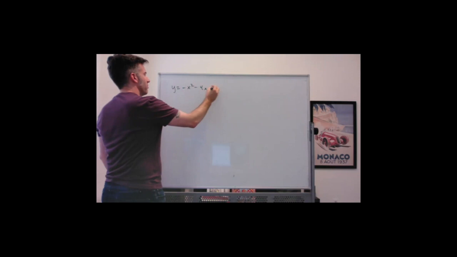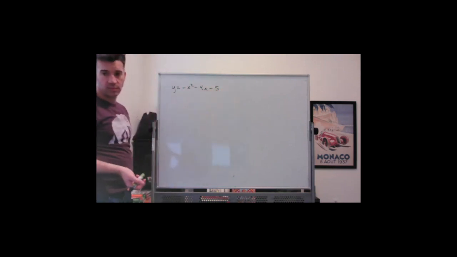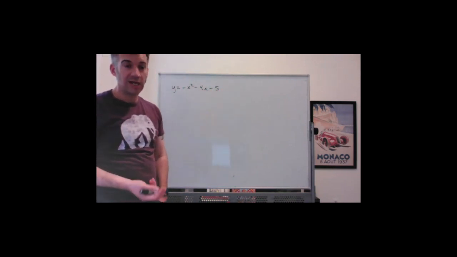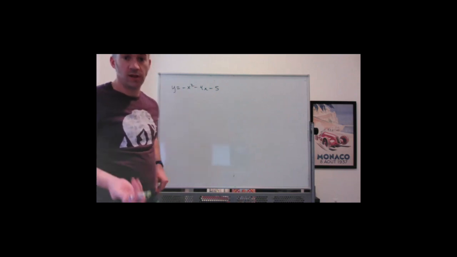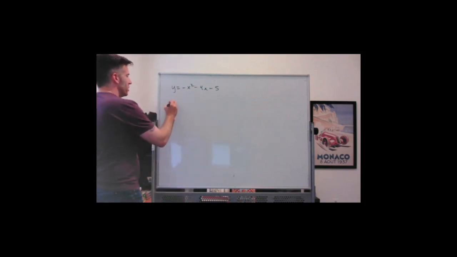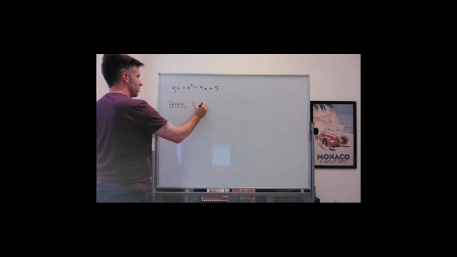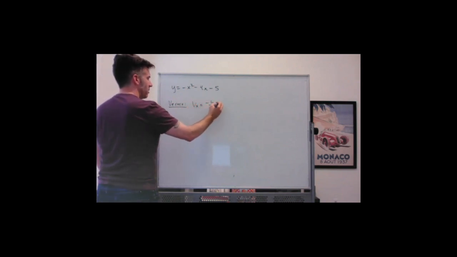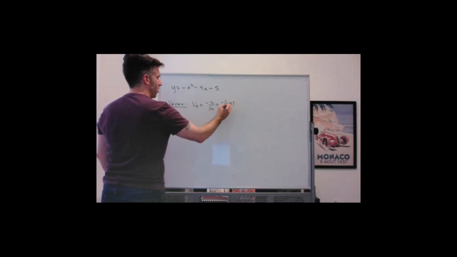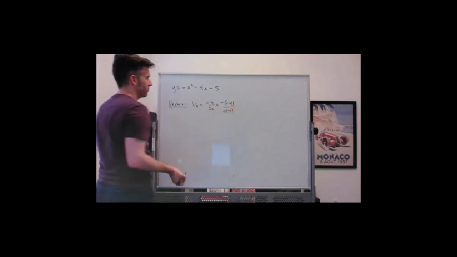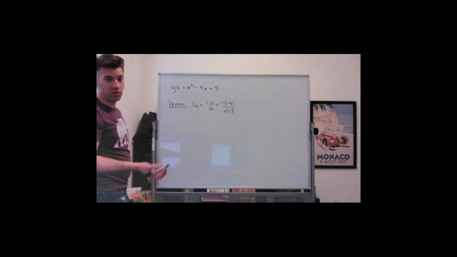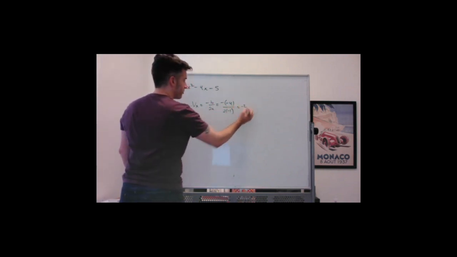Okay, let's look at the next one. y equal to negative x squared minus 4x minus 5. Definitely a parabola. Definitely opens downwards. Let's find the vertex. The x coordinate is going to be negative b over 2a, which is negative 4 over 2 times negative 1. So it's going to be 4 over negative 2, or negative 2.